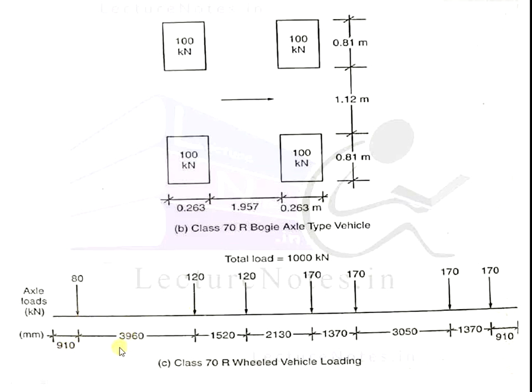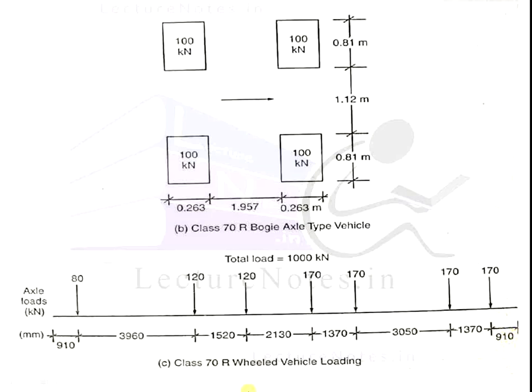The wheel to wheel distances are 3960 mm, 1520 mm, 2130 mm, 1370 mm, then the long distance of 3050 mm, and next 1370 mm. Last, the distance from the wheel to the edge of the vehicle is 910 mm.